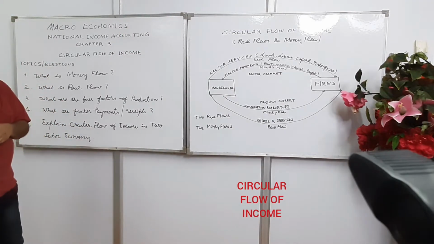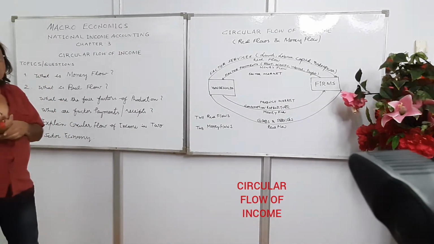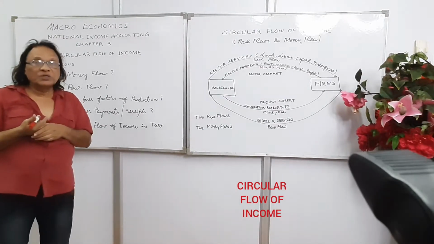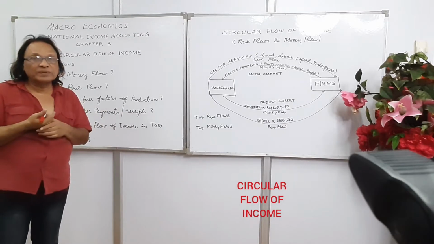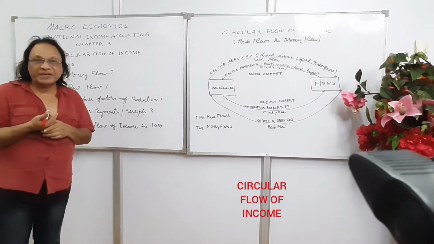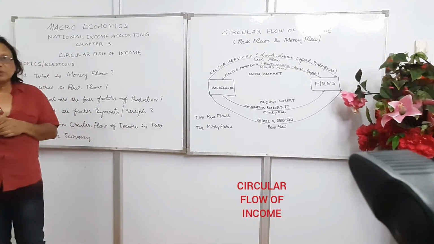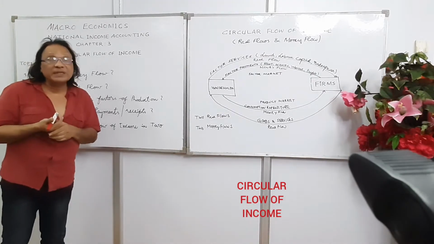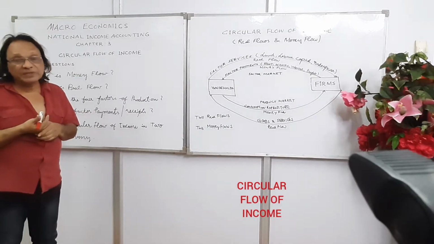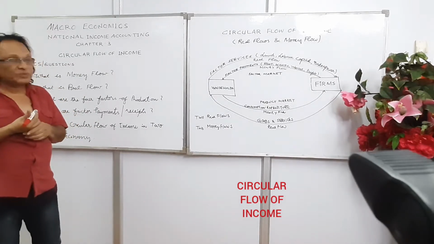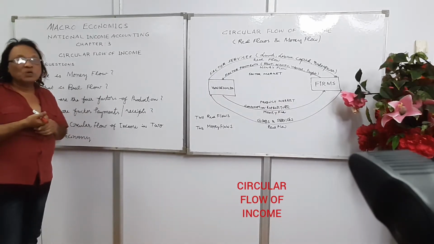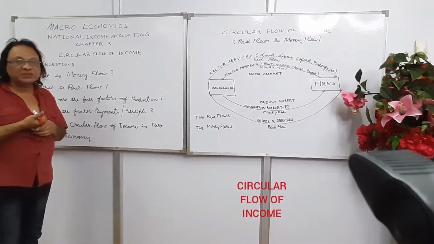For example, when you buy a pen from the shopkeeper, you pay money to him. That means money flow is taking place. When your dad is working somewhere, every month he gets his wages and salaries, that is money flow. So what is money flow? Simple, it's a flow of money from one sector to the other sector.